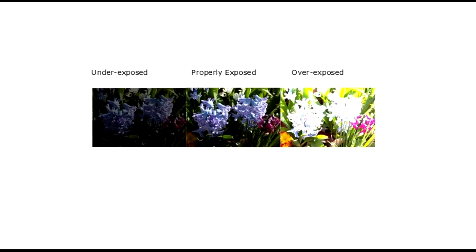The properly exposed photo in the middle, you've got all the detail there with the colours. So that's a good example of underexposed, properly exposed and overexposed. Clearly they're extreme examples, but hopefully they give you a good idea of what we're working with.